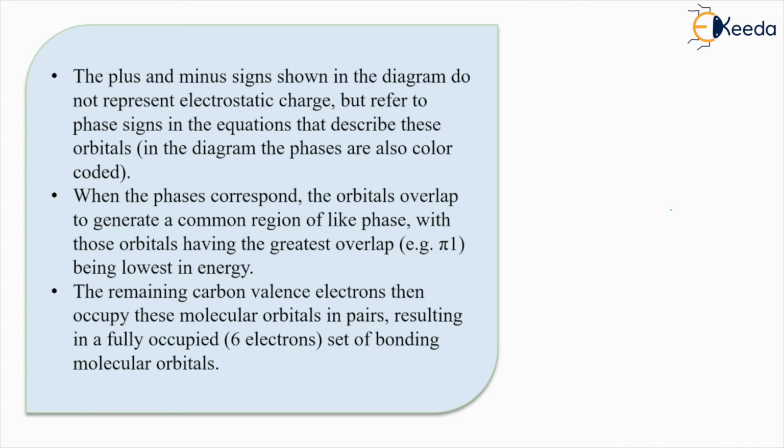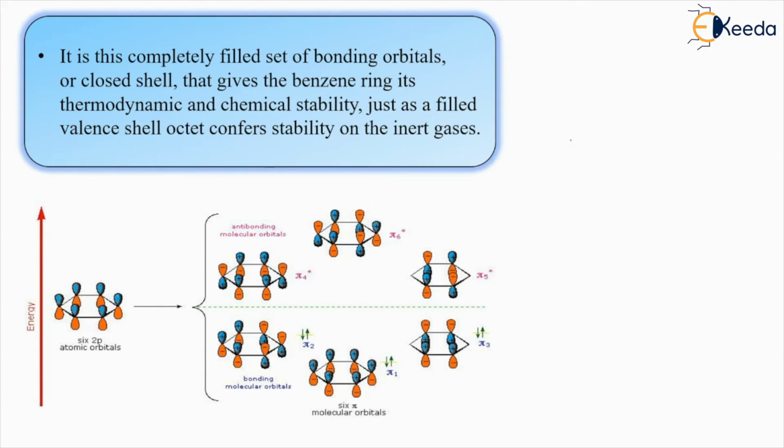When the phases correspond, the orbitals overlap to generate a common region, with those orbitals having the greatest overlap being lowest in energy. The remaining carbon valence electrons then occupy these molecular orbitals in pairs, resulting in a fully occupied set of bonding molecular orbitals. This is how it looks.